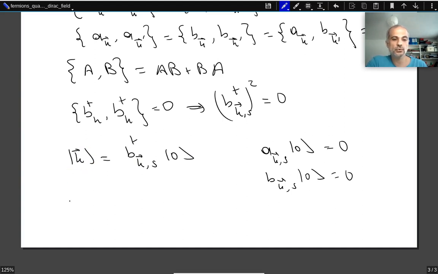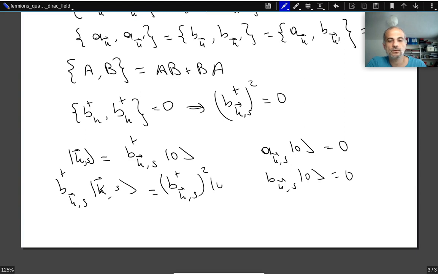If we want to have two particles of same momentum and spin, well, this is also 0, because this would be just b_ks dagger squared acting on vacuum, which is just 0. So this tells us that we cannot have two particles having the same momentum and spin.